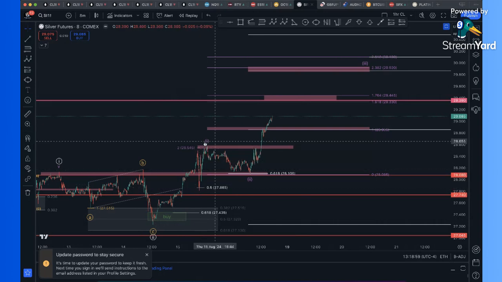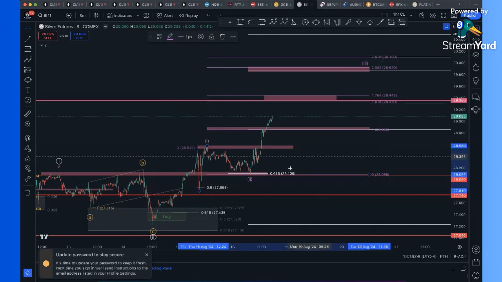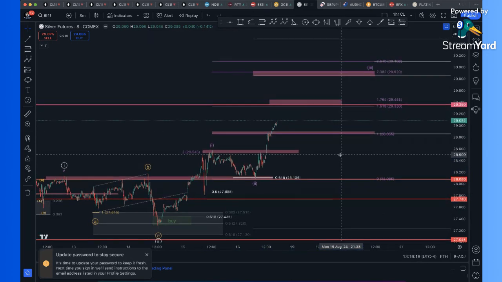So there's a little bit of lack of clarity in the wave structure right here. So what I'm going to do is count this internal structure as a 1, 2, and that's these purple fibs. So we're going to know in short order if price, okay, so you know what, now that I've confused you, because in Elliott wave there are several different potentials right here.